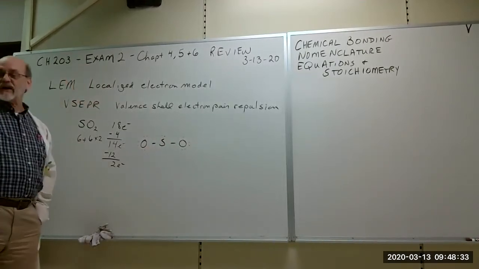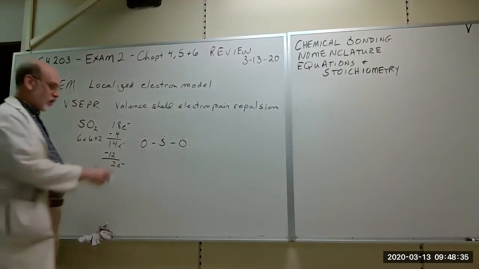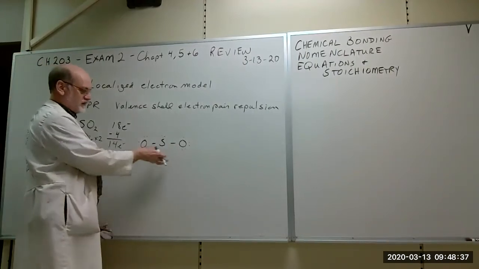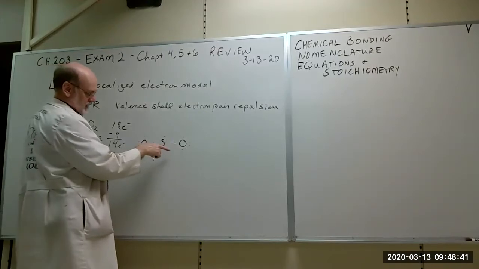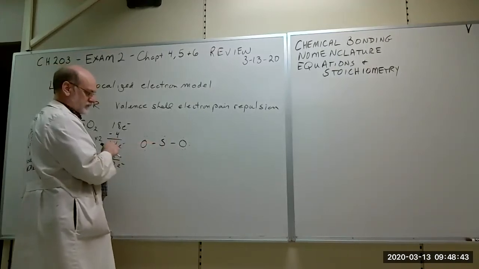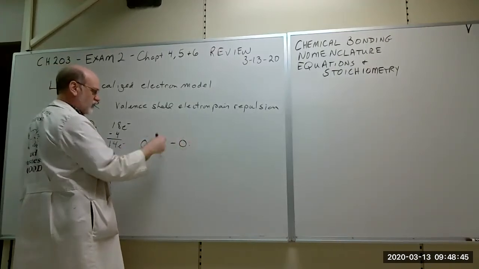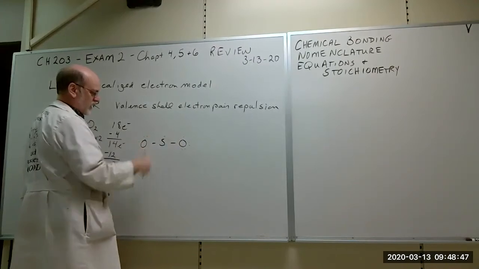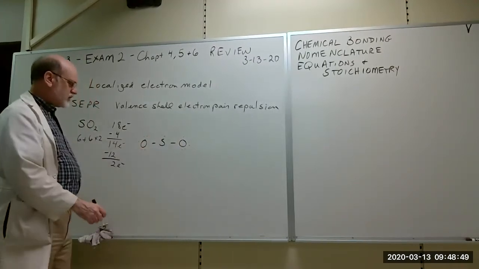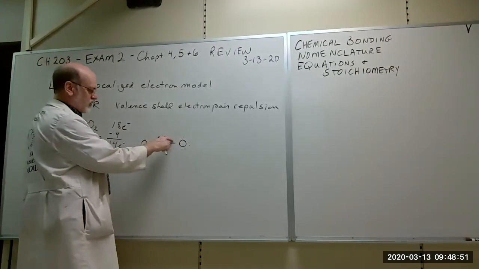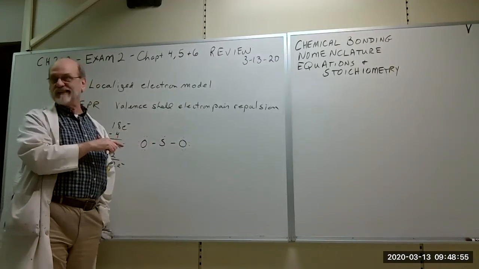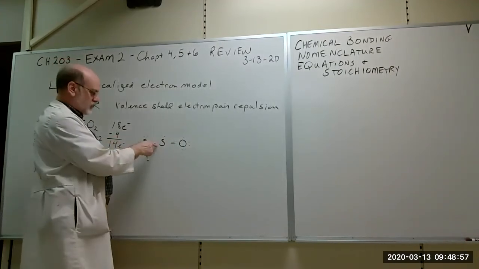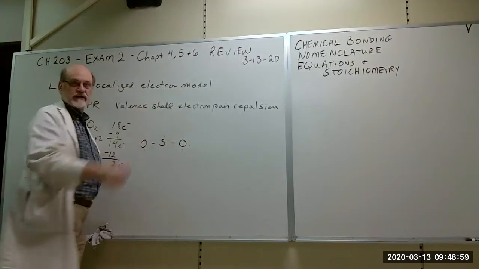Now you try to make an octet for the other, right? Without destroying the octet of the ones you've already got. You could either move electrons from here to a bond, here to a bond, or here to a bond. So what would the utility be of moving this one to a bond, these 2? Nothing, right? You still have 2, 4, 6, move it over there, you still got 2, 4, 6.